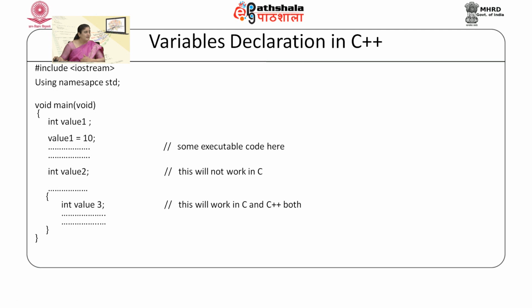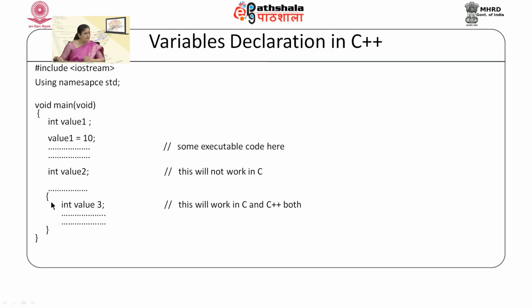You would see that this int value 2 is not declared in the beginning of the block. This will not work in C, because in C we have this restriction that the variable can only be declared in the beginning of the block, but this will work in C++, because in C++ we are allowed to declare the variable anywhere in the block. The only restriction is that it must be declared before its first use.